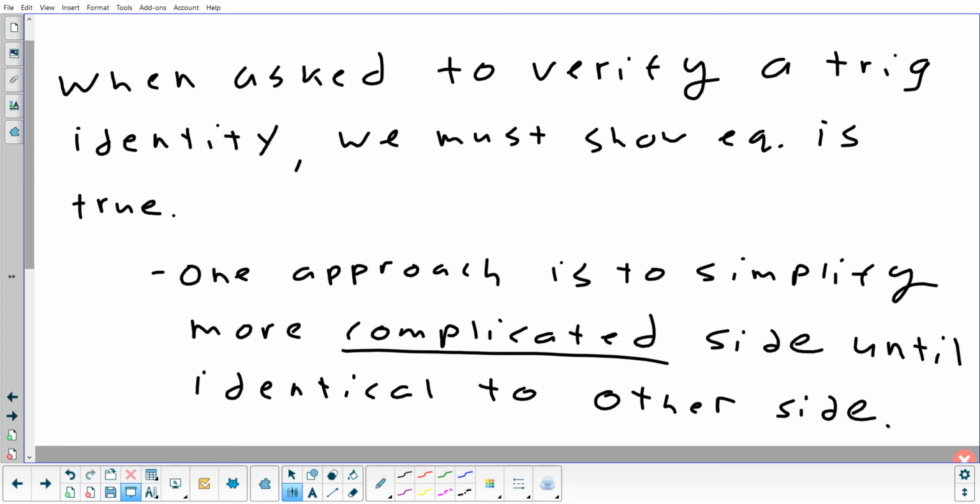So always start with the side that looks more complicated. Generally, that should be pretty obvious. If you can't figure out which side looks more complicated, then you can probably start with either side, and it won't make a difference.